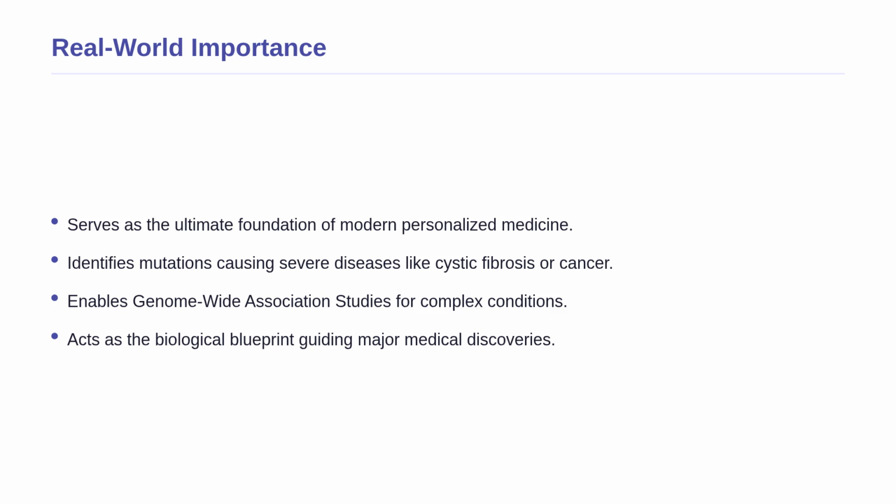Furthermore, it allows researchers to perform genome-wide association studies. These studies help find the specific genes that make someone susceptible to complex conditions, like diabetes or heart disease. Without a reference human genome, we would be completely blind to the genetic root causes of human health. It literally serves as the biological blueprint guiding every major medical discovery today.